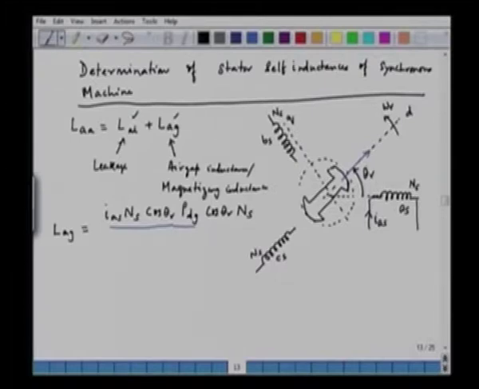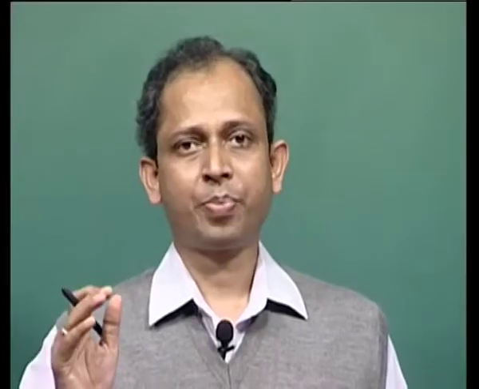We know that we have two distinct axes, one is the D axis and the other is the Q axis, and the flux linkage is contributed both by the D axis and the Q axis. So, what we are trying to do here, the MMF is produced by phase A, we are resolving the MMF along D axis, multiplying by the permeance along the D axis, we are finding out the D axis component of the flux. We are again projecting that flux on phase A axis and finding out that component, and multiplying by the number of turns will give us the flux linkage due to the D axis flux.